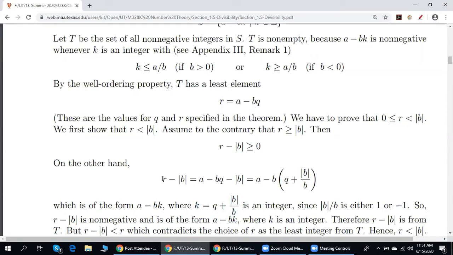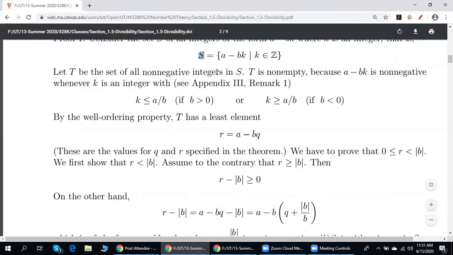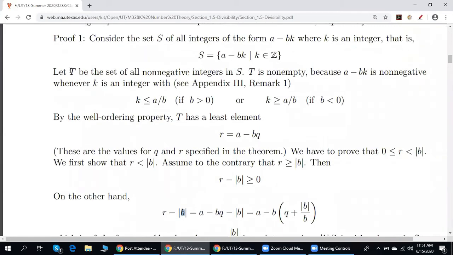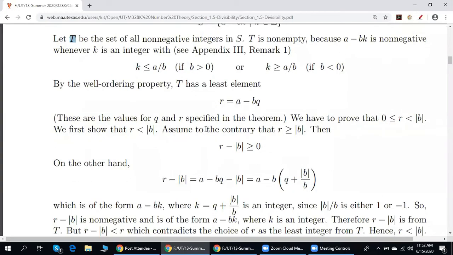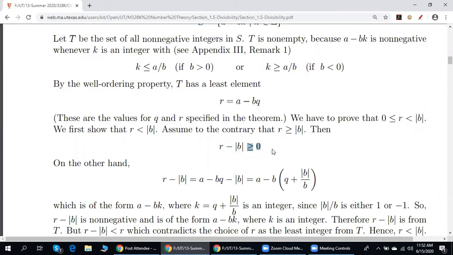Conclusion. This is of the form A minus B times an integer. Therefore, R minus absolute value of B is an element from S. Moreover, R minus absolute value of B is an element from T, because R minus absolute value of B is from S and is greater or equal to 0.